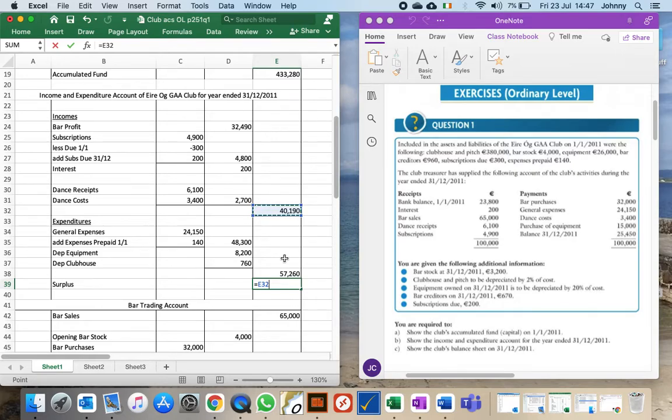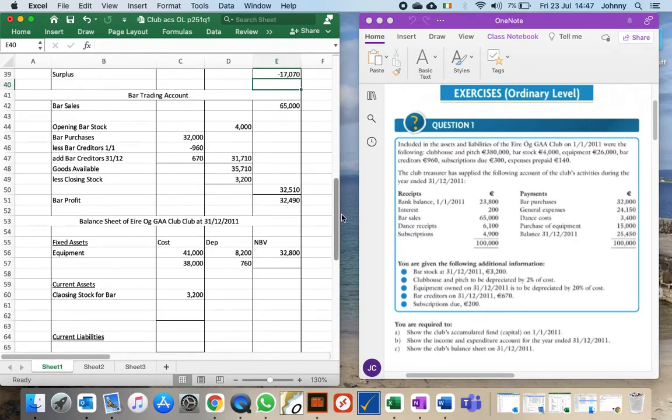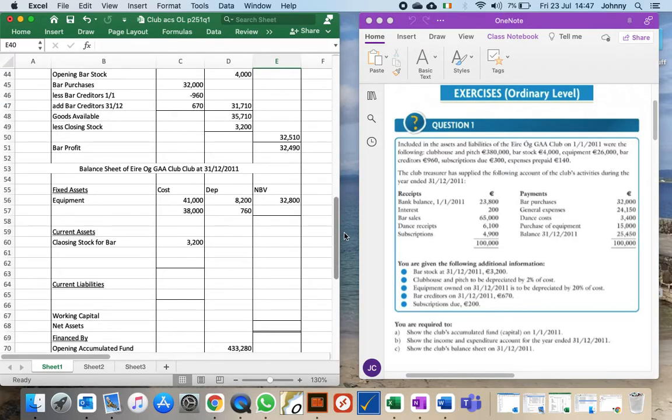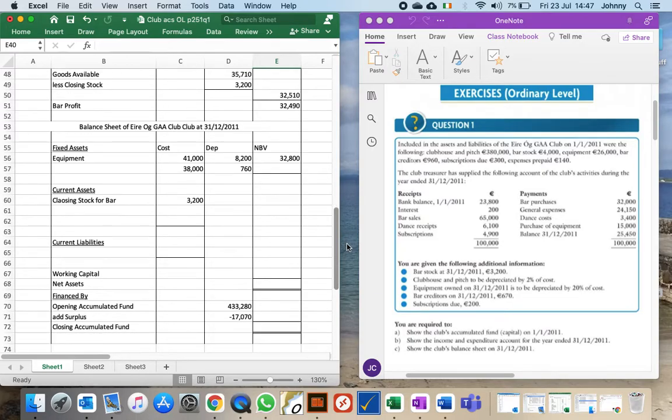Sales, yeah. Okay. Dance receipts, yeah, I'm just checking my numbers here. Grand, okay. So now I've got my bar trading account.